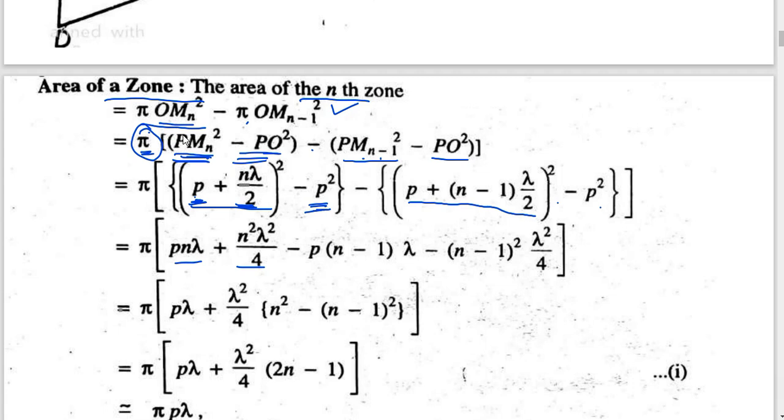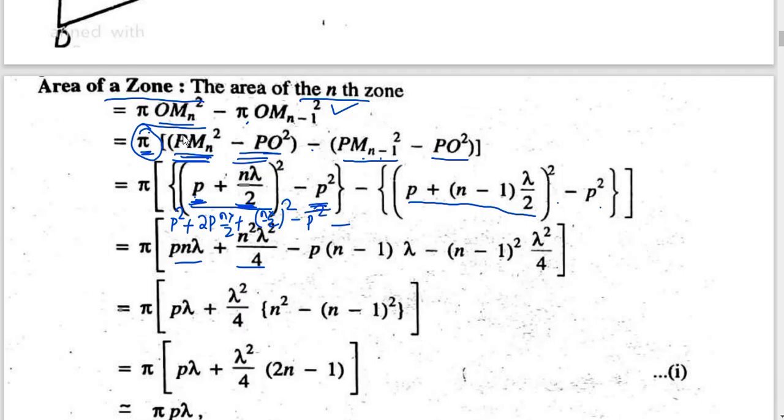So how can you find it? Look at this part, it will be a plus b whole square. That will be a square plus 2ab plus b square, that is p square plus 2 into p into n lambda by 2 plus n lambda by 2 whole square, minus p square.